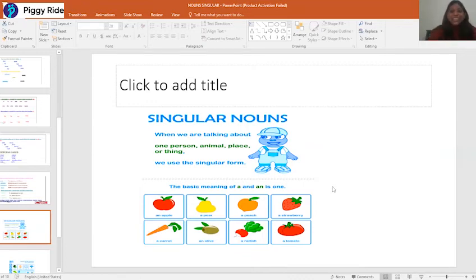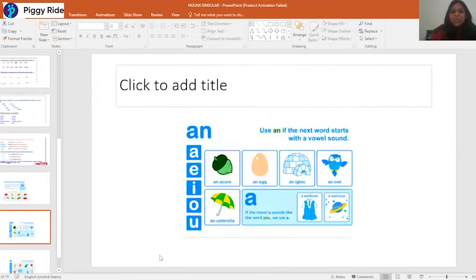Again, examples are best to make people understand, right? An apple, a pear, a peach, a strawberry, a carrot, an olive, a radish, a tomato. So everything in one singular form. Okay, now let's go to the next part.